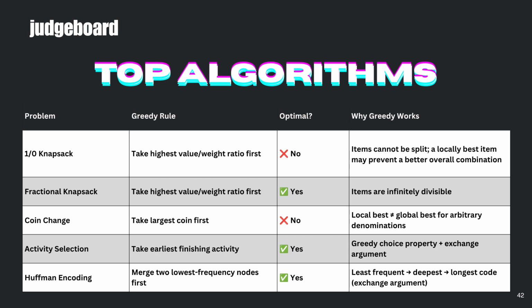In the same way, we saw that coin change is not suitable for the greedy approach since local best does not mean the global best. But for fractional knapsack, activity selection and Huffman encoding, we can use greedy because making the globally optimal choice never prevents reaching the global optimum in those problems.